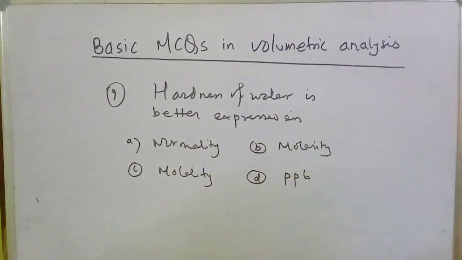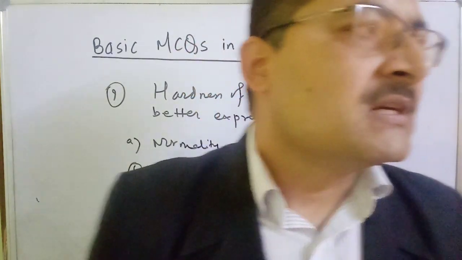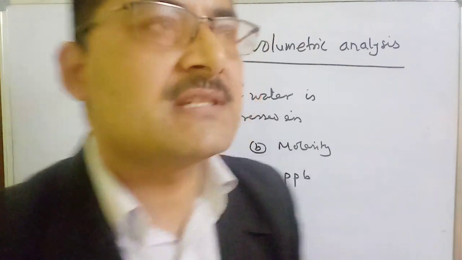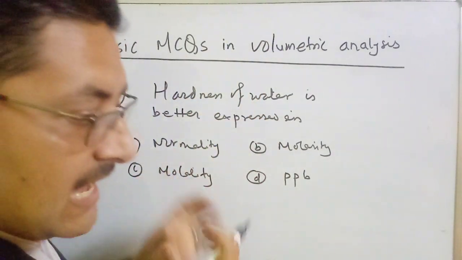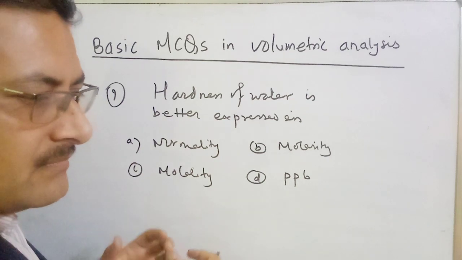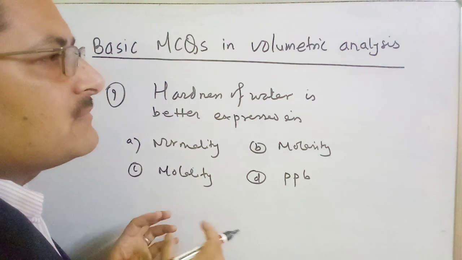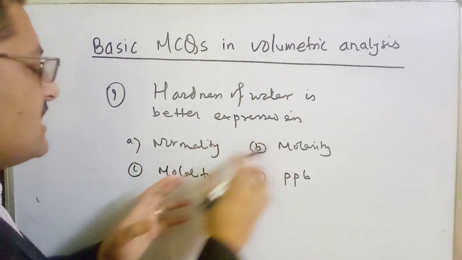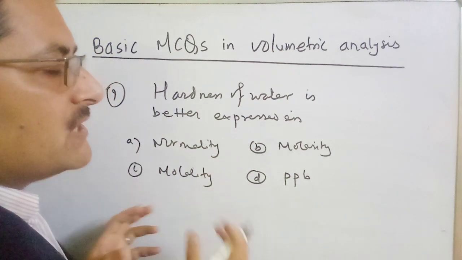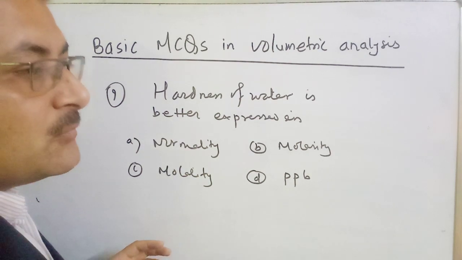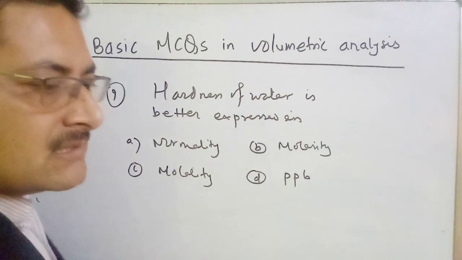ppb, parts per billion. If you are concerned with the hardness of water, water has two kinds of hardness: permanent hardness and temporary hardness. If you are going to estimate the concentration of the species which causes the hardness of water, the ions will be in very small amounts. If the solute is in very small amount, then normality, molarity, and molality are not good ways to express the concentration, but we can express the hardness of water in terms of ppb, parts per billion.